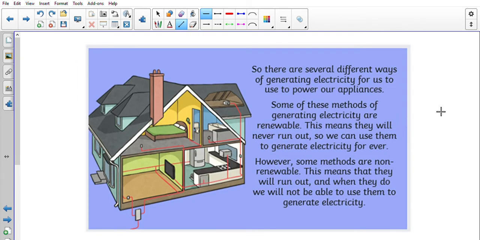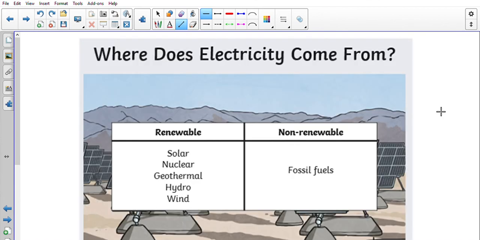So there are several ways of generating electricity for us to use to power our appliances. Some of these methods of generating electricity are renewable. This means they will never run out, so we can use them to generate electricity forever. However, some methods are non-renewable, and this means that they will run out.